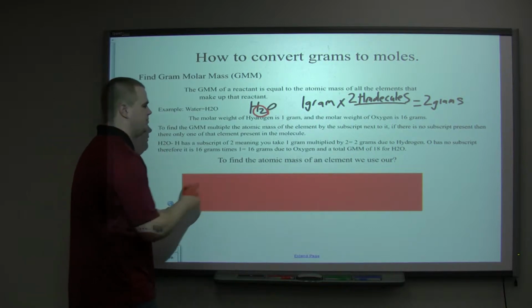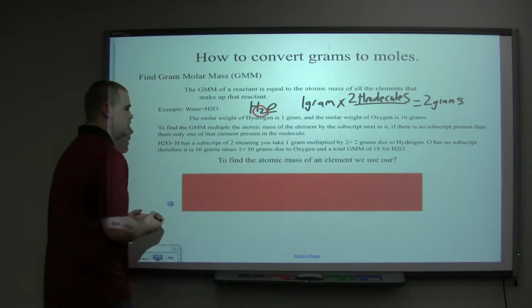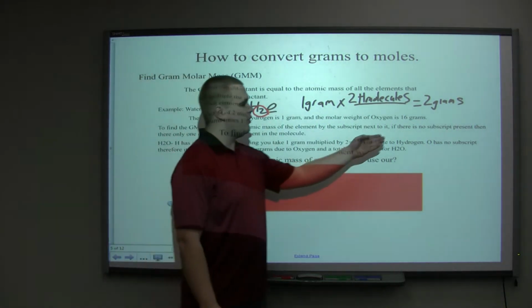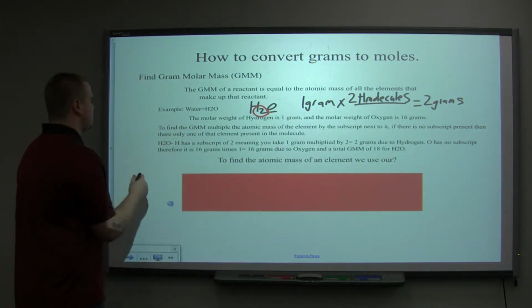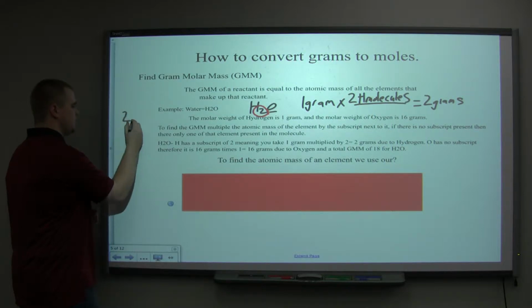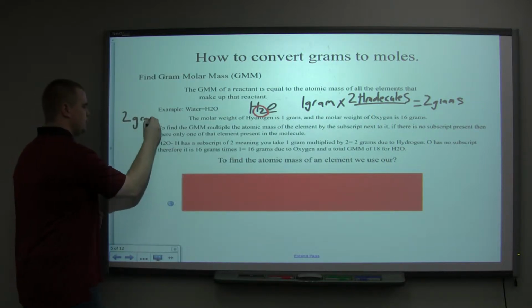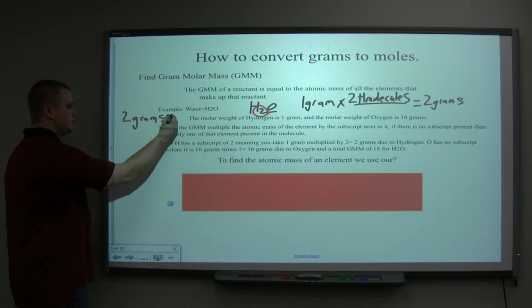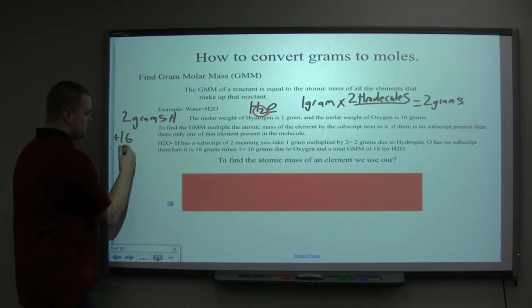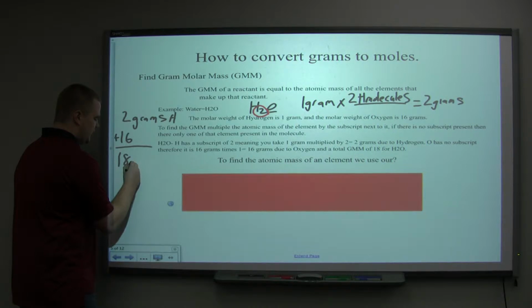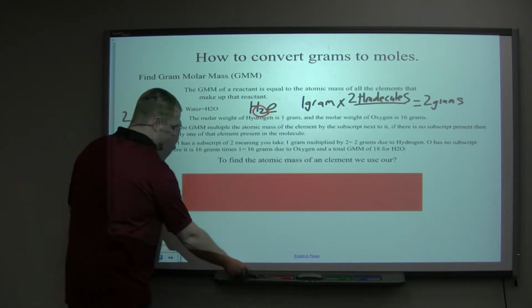But you also have to take into consideration oxygen. Oxygen has a gram molar mass of 16. So what you would then do is you take 2 grams for hydrogen plus 16 grams for oxygen, and your gram molar mass of H2O would be 18 grams. Okay?